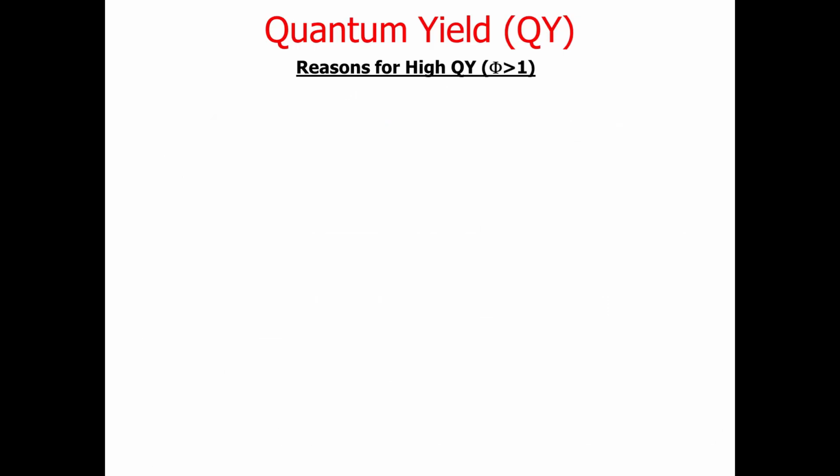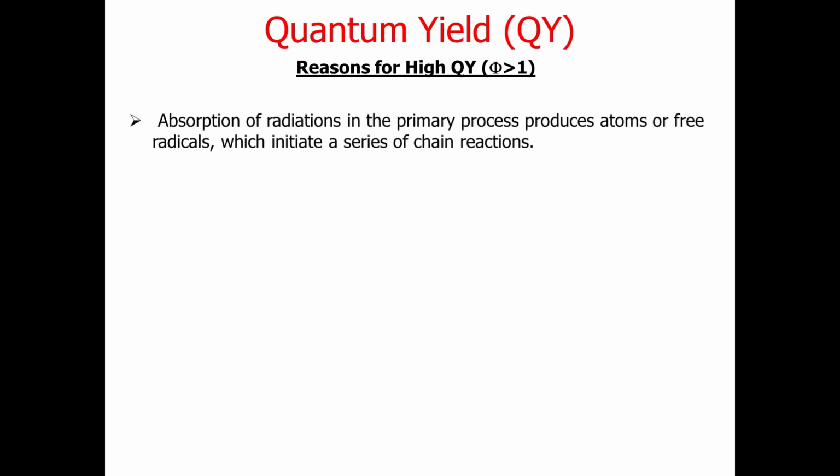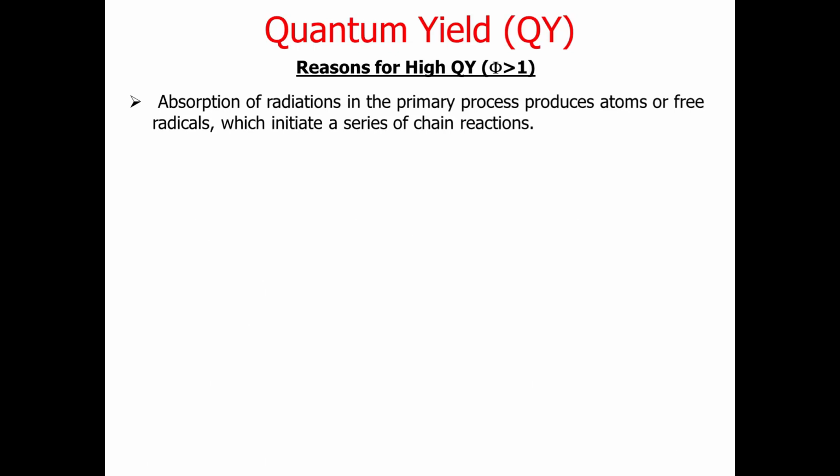Next is what are the reasons for high quantum yield value, because you know the definition of quantum yield. So what happens in the high quantum yield? Absorption of radiation in the primary process produces atoms or free radicals which initiate a series of chain reactions.